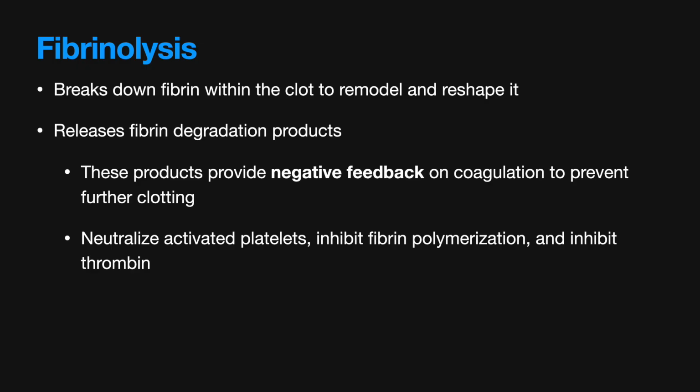So through fibrinolysis, the fibrin within the clot is broken down in order to remodel and reshape that clot. During this process, fibrin degradation products are released, which provide negative feedback on coagulation and prevent further clotting. They can do this by neutralizing activated platelets, inhibiting fibrin polymerization, or inhibiting thrombin.